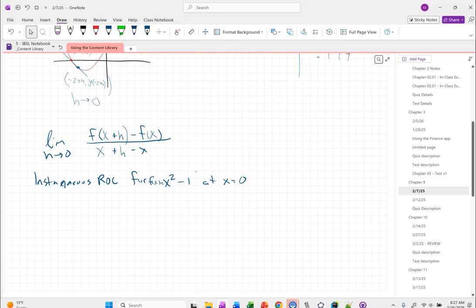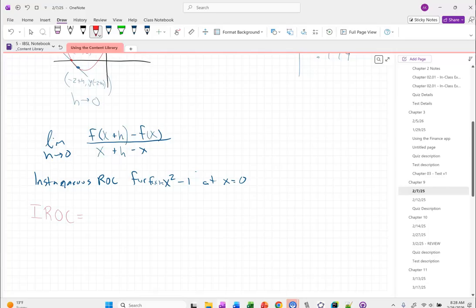Everybody's okay? So let's do this. Use this formula to find the instantaneous rate of change for the function x squared minus 1 equal to 0. So my f of x in this case is x squared minus 1.